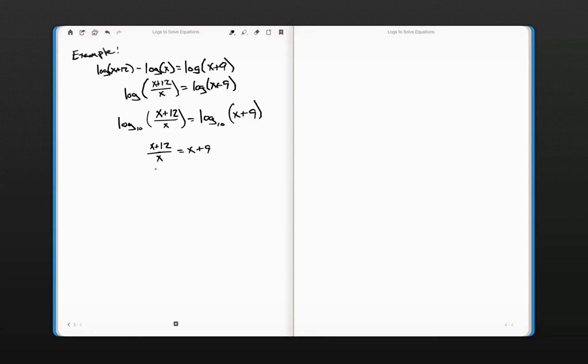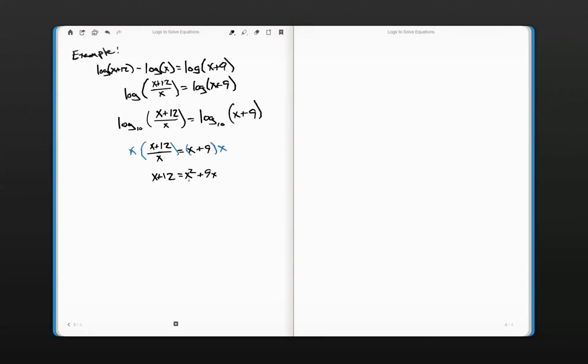Okay, well now how do I solve this one? Multiply through by x, and just in case, I'll write this out. Multiply both sides here by x, and that gives us x plus 12 equals x squared plus 9x. Yet another quadratic equation here.